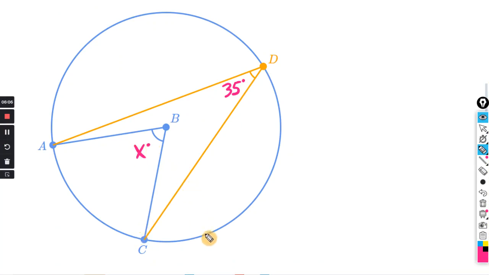Which one is the central angle? The one that has the vertex in the center of the circle. That one right there is your central angle. Which one is the inscribed angle? The one that has the vertex on the circle. So this one right here is your inscribed angle.